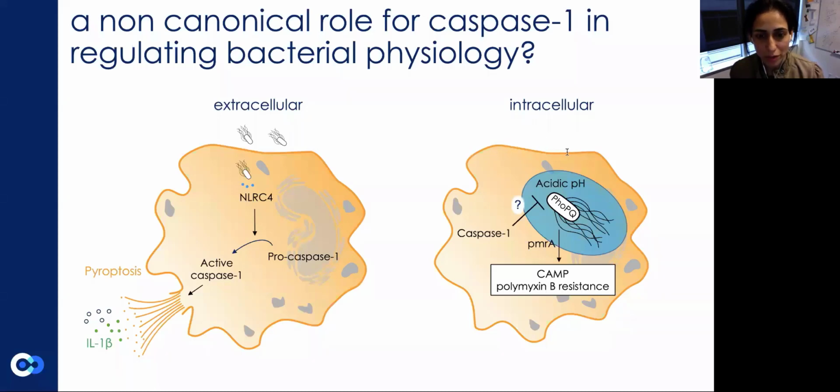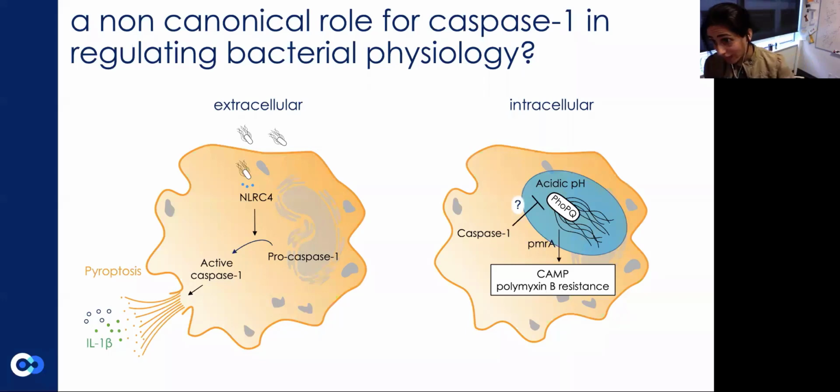Yeah, and so the answer is, well, Salmonella itself has not evolved to, at least we haven't found data that Salmonella can inhibit the caspase-1 pathway. The inhibition that I was talking about is more host mediated.